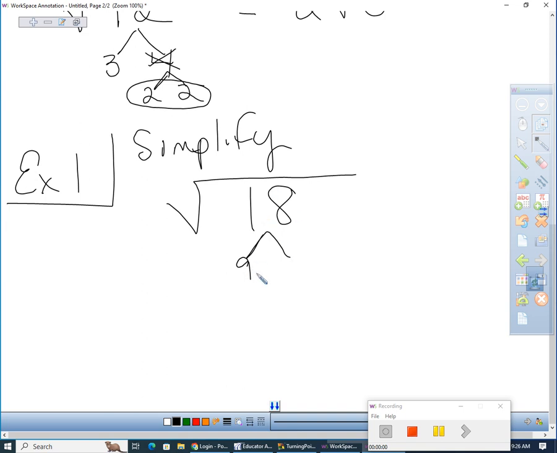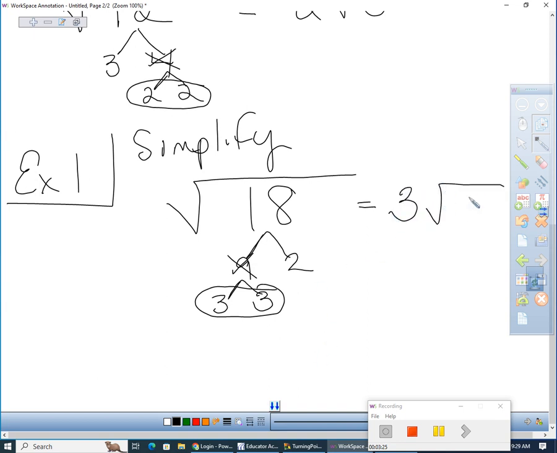It's two numbers that multiply to 18, so 9 times 2, right? And then 9 can break down into 3 and 3. I'm going to cross out my 9 so I don't get mixed up. Now, is there a number up there that has a friend? The 3 has a friend, right? So that means the 3 gets to go outside, and left at home without a friend is the 2.